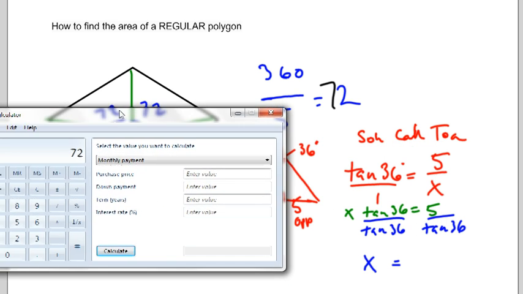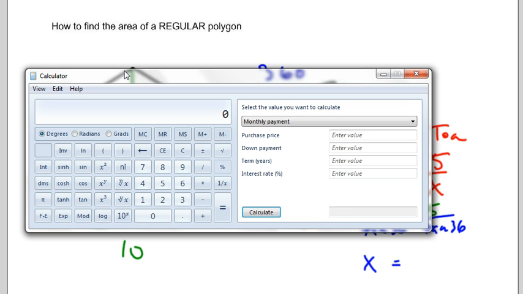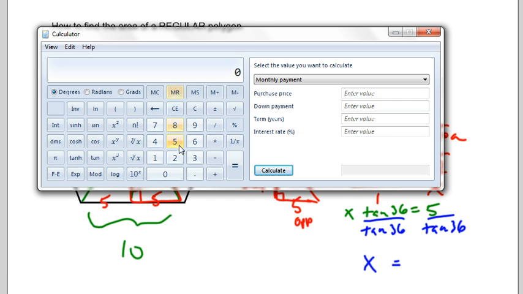Let's see. I have a tangent on here. There's a tangent. So 5 divided by, that didn't do it. Give me a second, I'm going to punch it into a calculator.